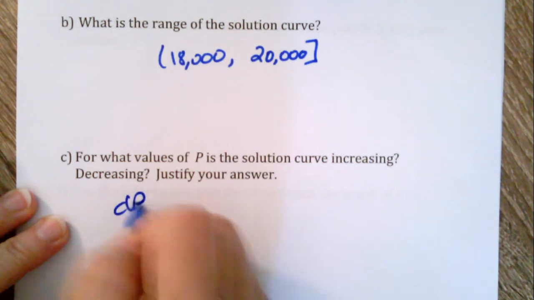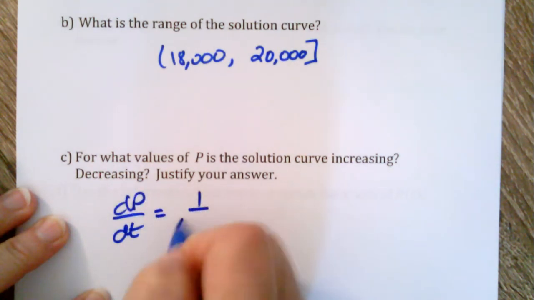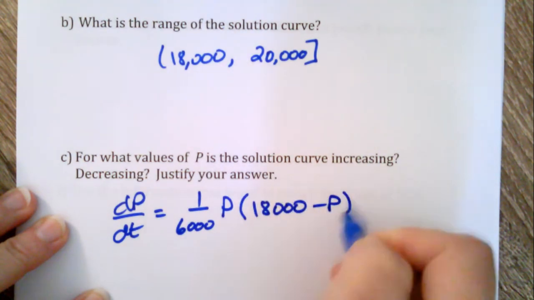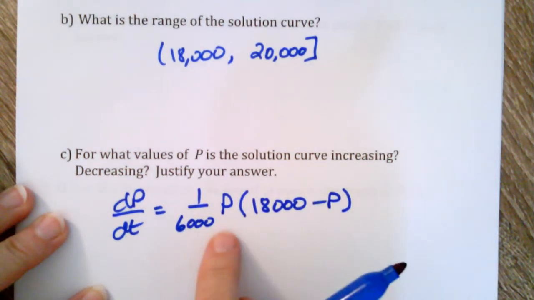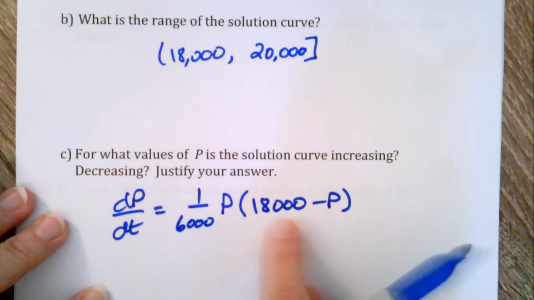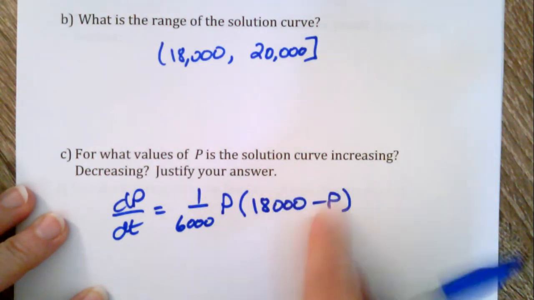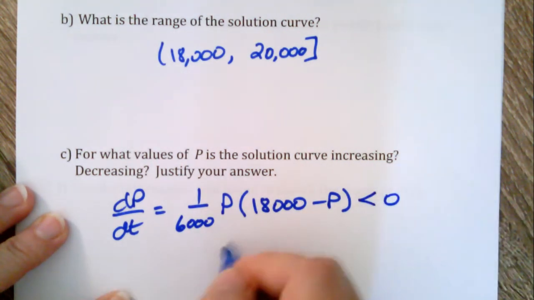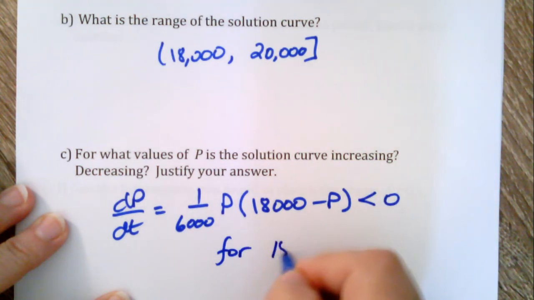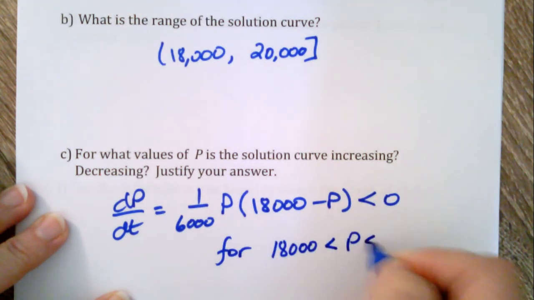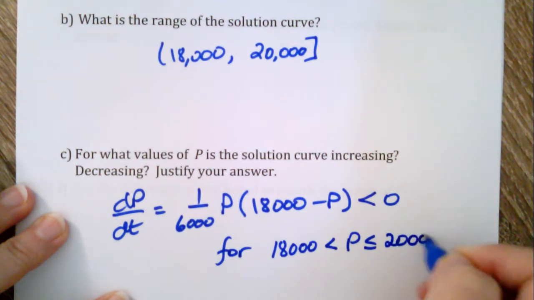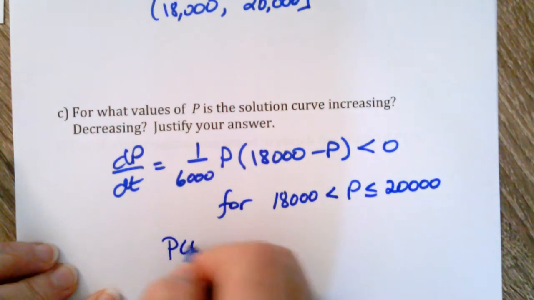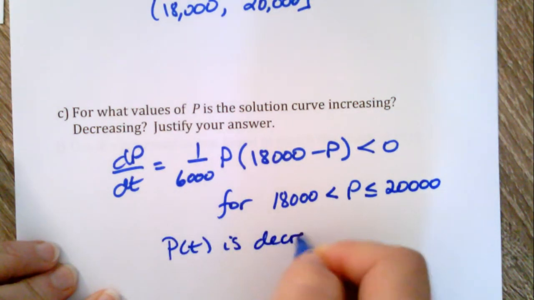If we consider our differential equation, you can easily see that if this P value is greater than 18,000, this factor is going to be negative, which would make dP/dt less than 0 for P between 18,000 and 20,000, which means this curve is decreasing.